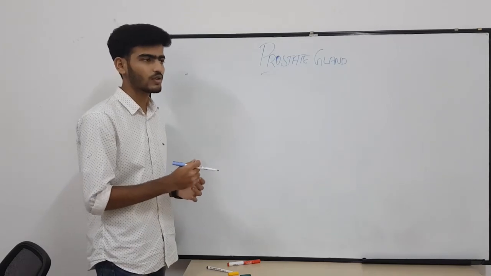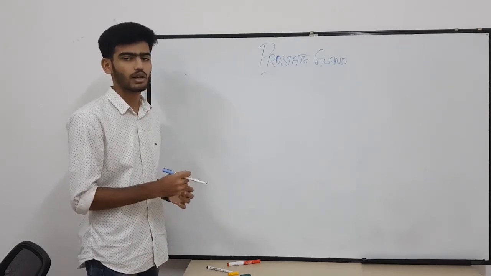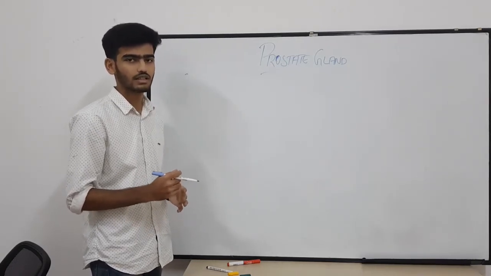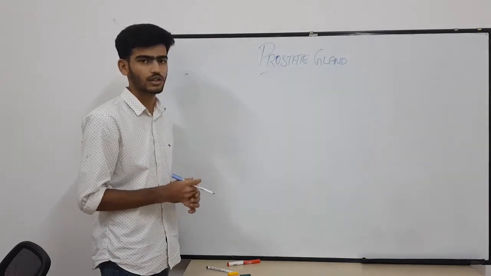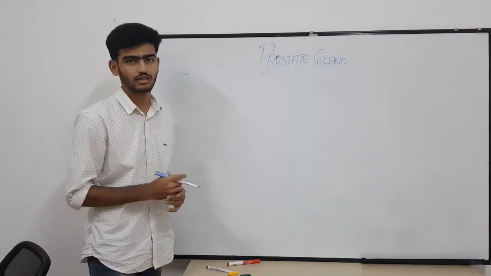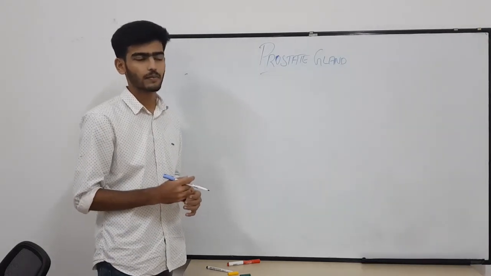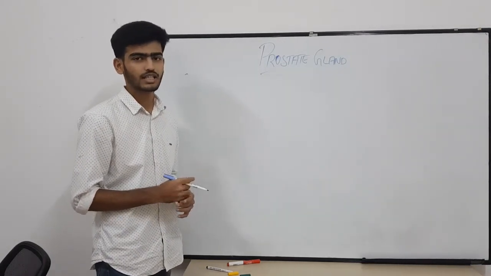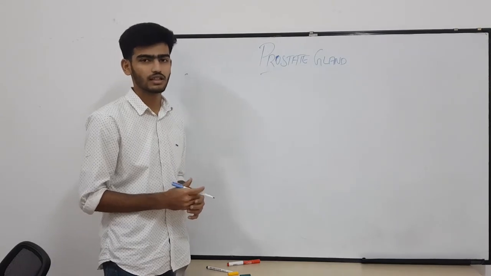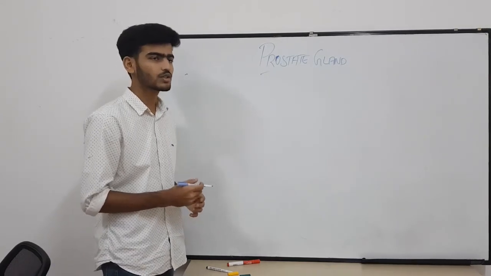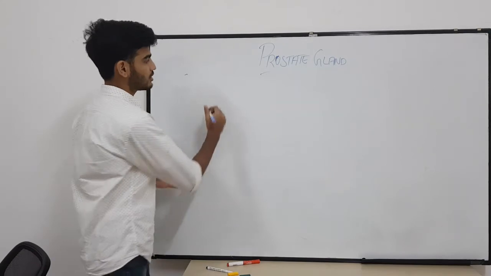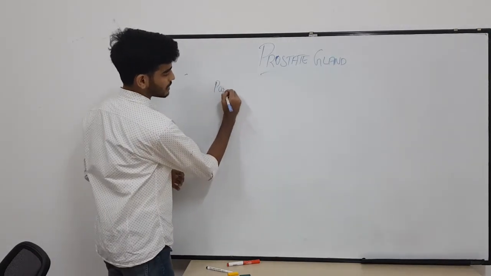So these venous plexuses will drain the blood to this space, and finally they all drain into the vesical veins. And coming to the lymphatic drainage, they are drained by sacral lymph nodes, external iliac lymph nodes, and internal iliac lymph nodes. And coming to the nerve supply, they are both parasympathetic and sympathetic.